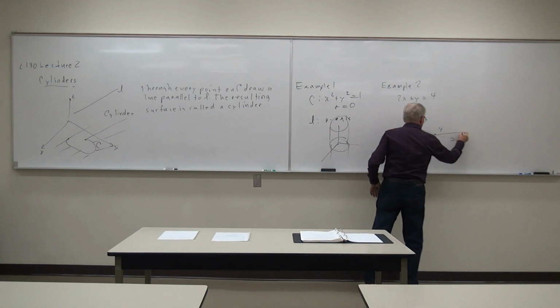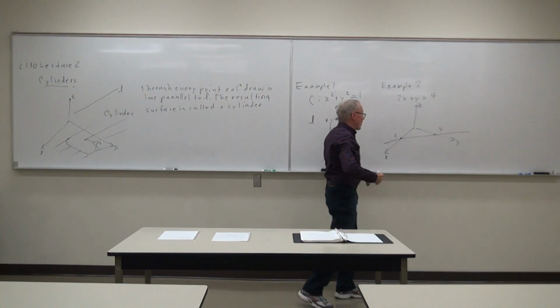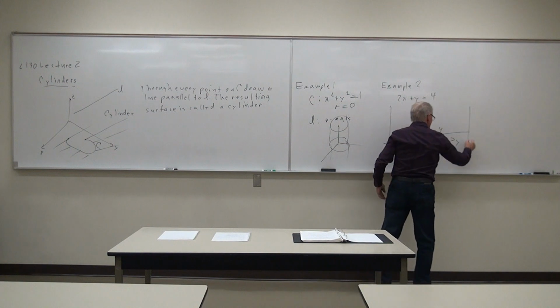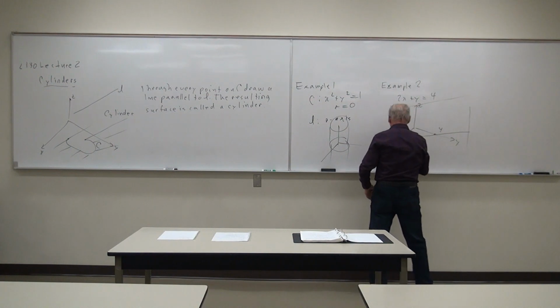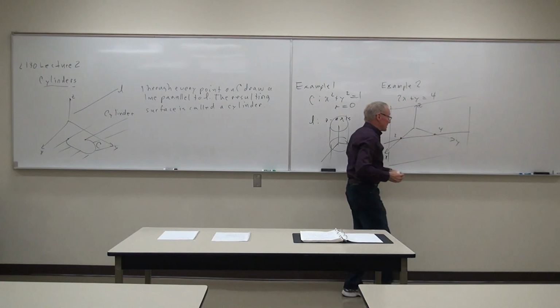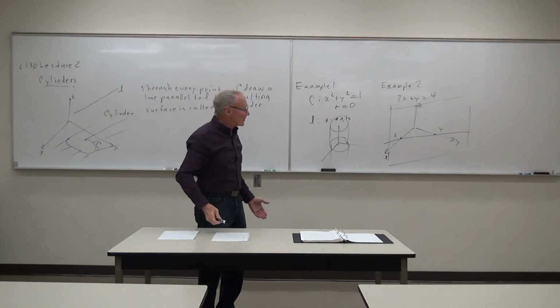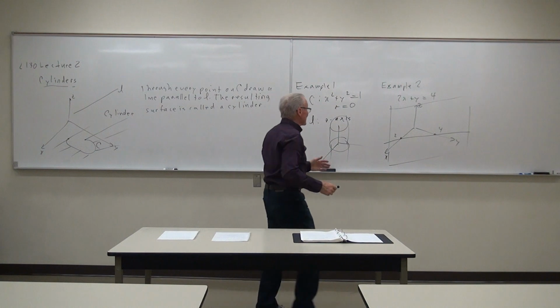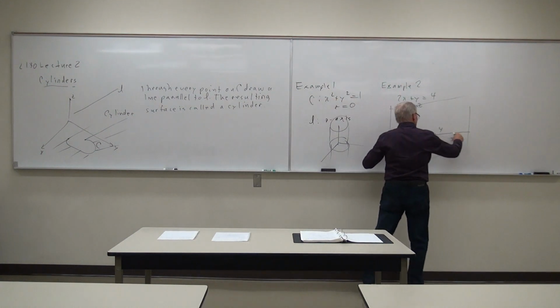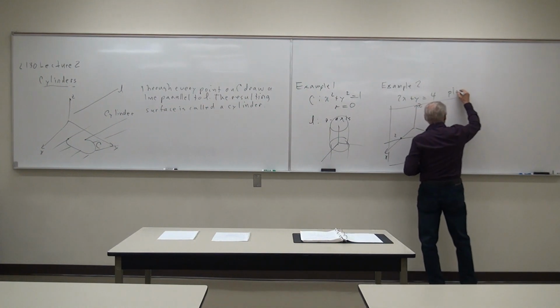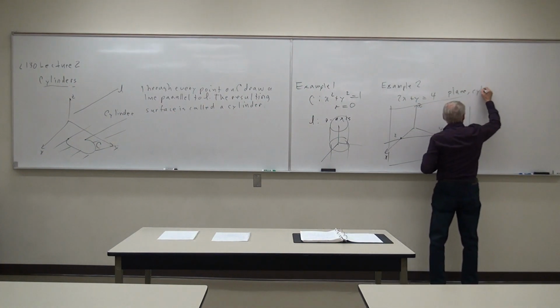And I draw that line, and then I pull it in the z direction. Is that the plane described by this equation? And the answer is yes. Is it a cylinder? Yes. I can say my C is this line, and my L is the z-axis. So this is not only a plane, but it's also a cylinder.